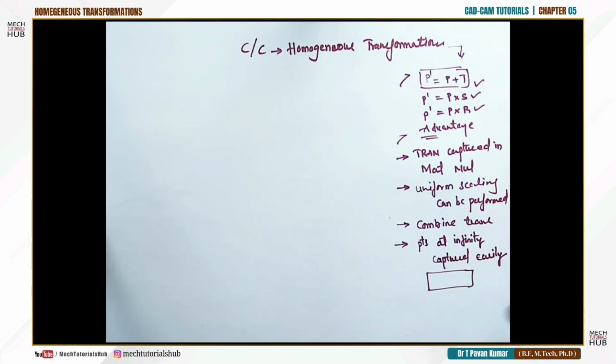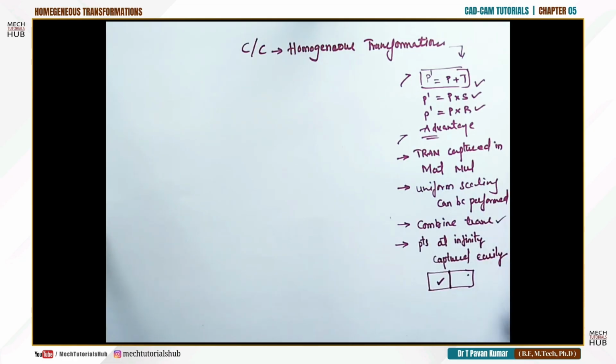It never ends. So a point existing in that infinity window can be captured easily. For example, if this is your screen, you can keep on scrolling. So the point is somewhere at an infinite distance, not exactly on the screen, which can't be visualized, and that can be captured easily with the help of the homogeneous coordinate system.